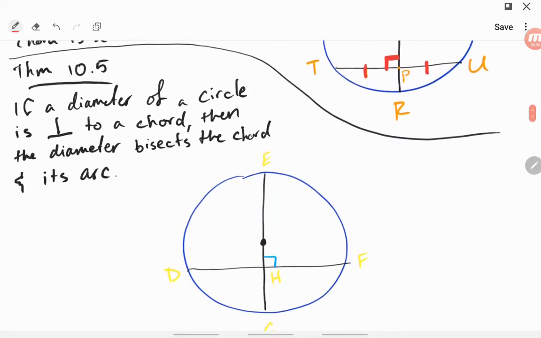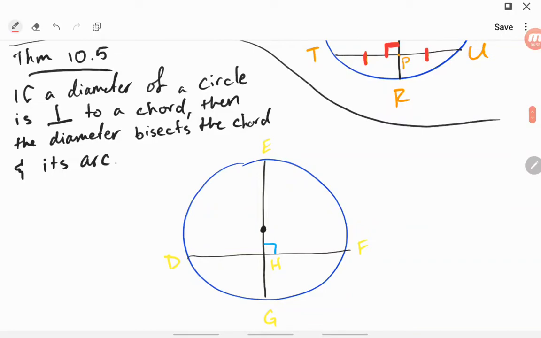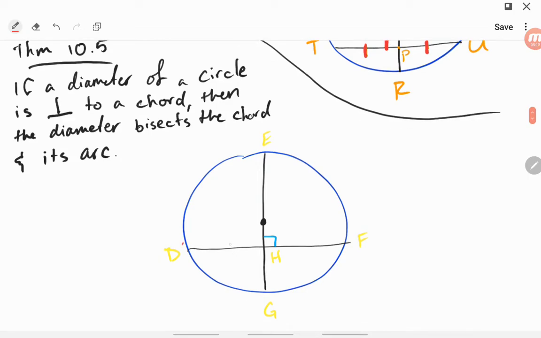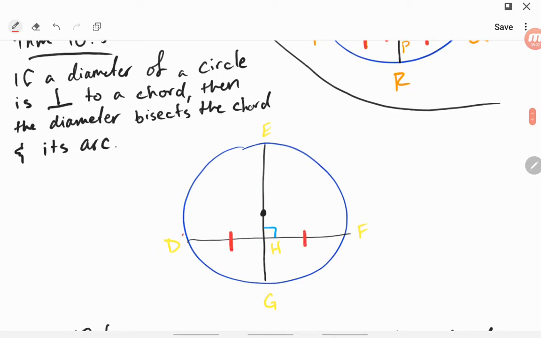That's what we can conclude if we know it is a perpendicular bisector. And vice versa, Theorem 10.5, well, if the diameter of a circle is perpendicular to a chord, I see EG here. The diameter of this circle is perpendicular to chord DF. That means that EG must be a bisector to DF. So I know that it has to bisect this chord, and it bisects this arc. We usually don't write those tick marks to show that arc DG is going to be congruent to arc GF.